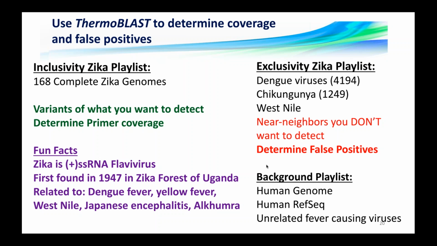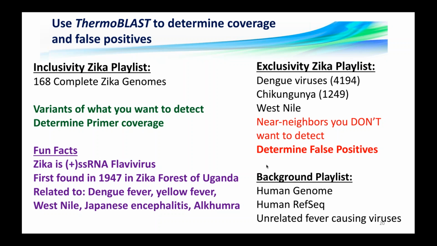That's called the inclusivity list, and we're going to be using the Zika virus as an example in our demo. This is a good place where we had 168 different Zika genomes. By putting in the things that you want to detect, we're going to use ThermoBLAST to determine the coverage of a set of primers.